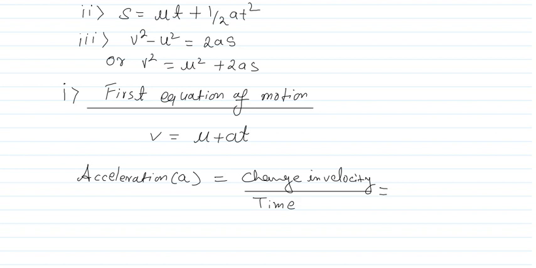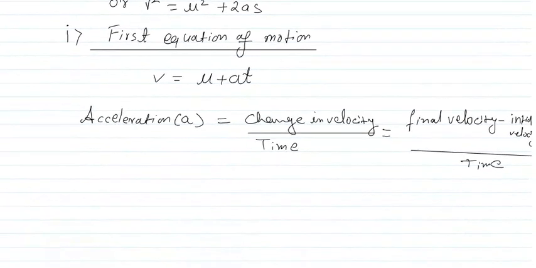Change in velocity is just final velocity minus initial velocity upon time taken, time. So it is a equal to final velocity v, initial velocity is u upon t.